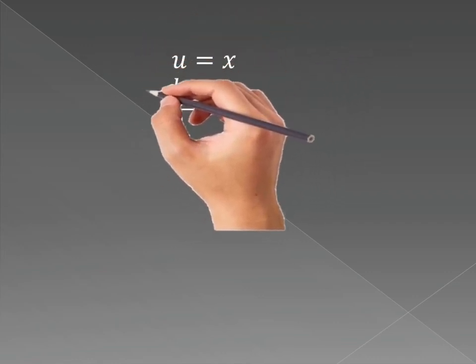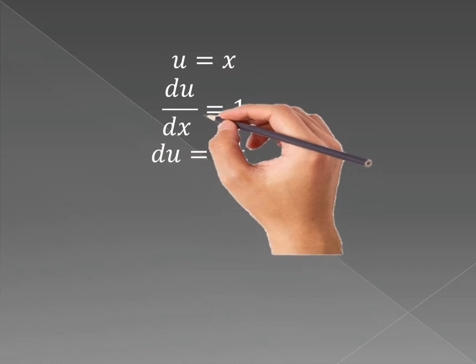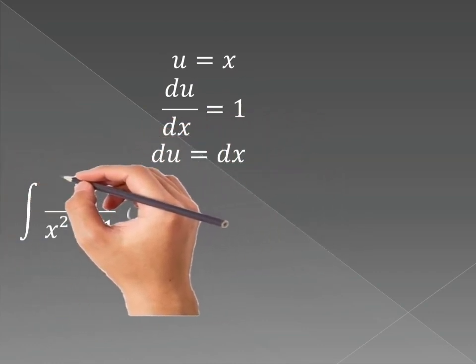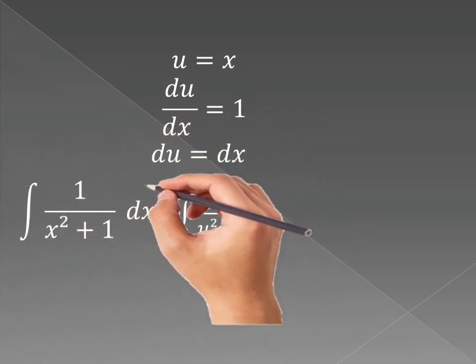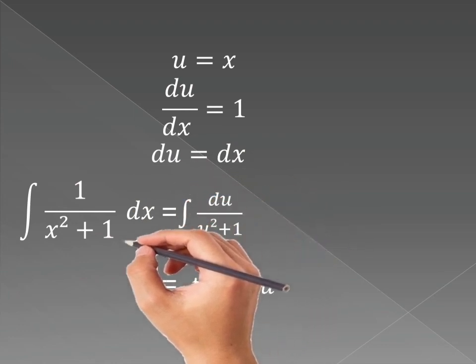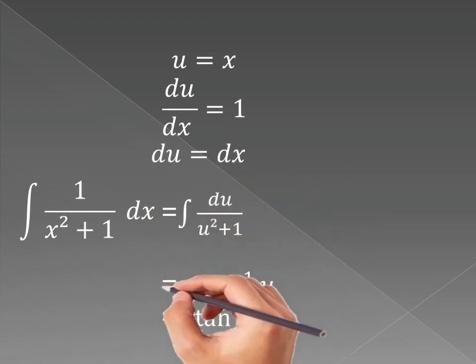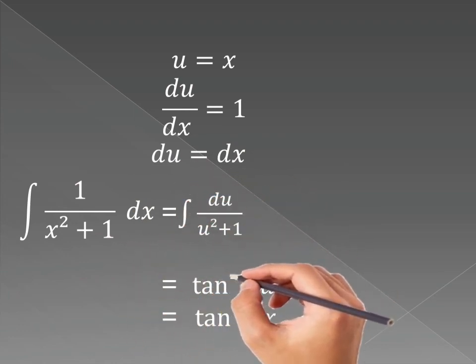As u equals x, the derivative of x equals 1. Based on the formula, the integral of du over a squared plus u squared equals 1 over a arctan of u over a plus C. As a equals 1, we get arctan u. Replace u with x, so we get arctan x.